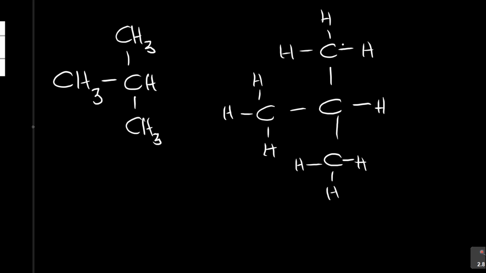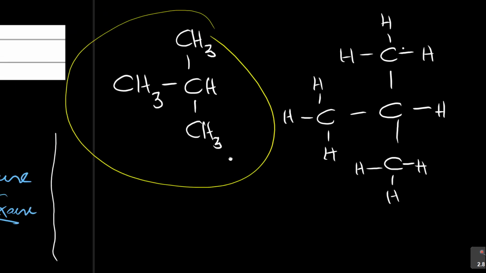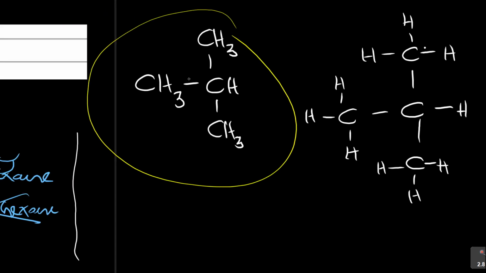What is the name? This is the structure, but the name you are going to get from here. The name is always better from the condensed structure. Look at this. What is the longest chain? Very important there. The longest chain is more like this. Look at this. I can draw the structure like this.